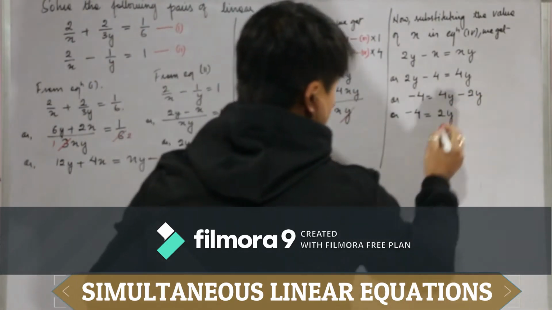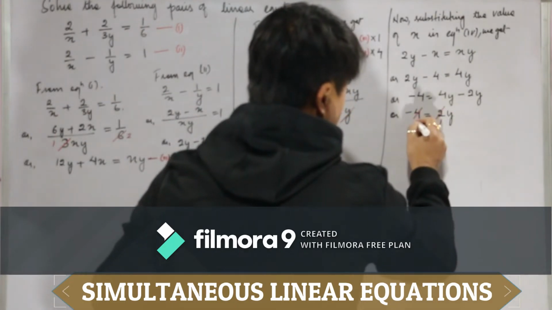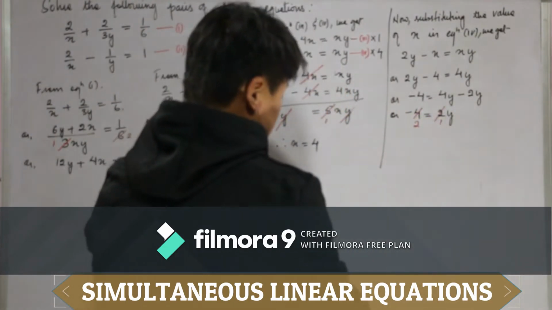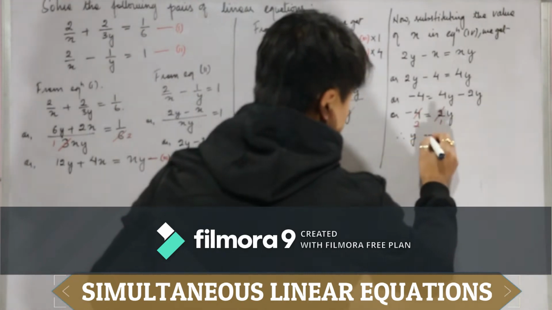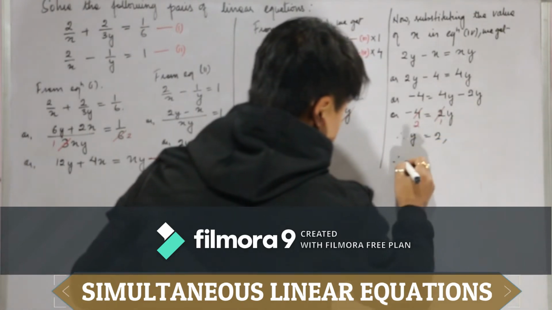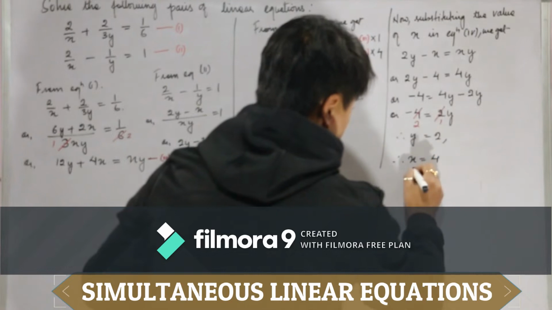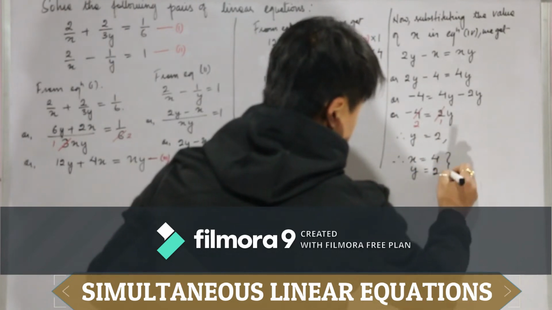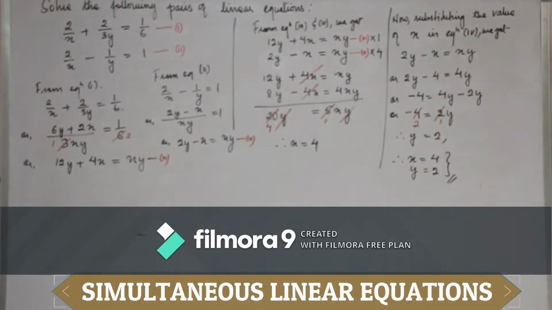Here we can cancel: 2 1s are 2, 2 2s are 4. So we got the value. Therefore y equals 2. Thus we get the answer: x equals 4, y equals 2. This is your solution. Clear?